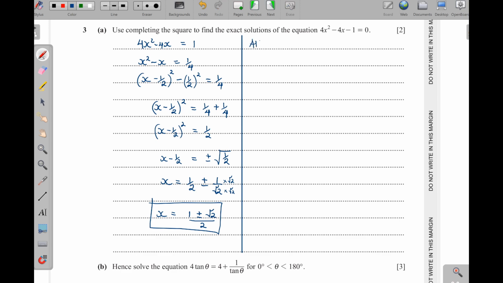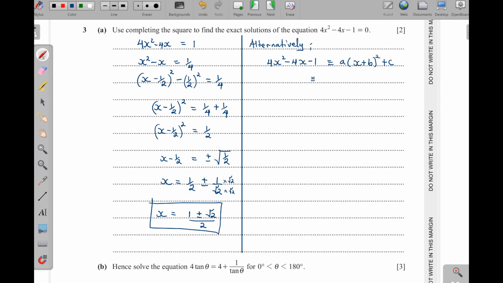Now alternatively, you can have this 4x squared minus 4x minus 1. This one has to be in the format a into, then let's say, x plus b bracket squared, then plus c. That is the completed square format.